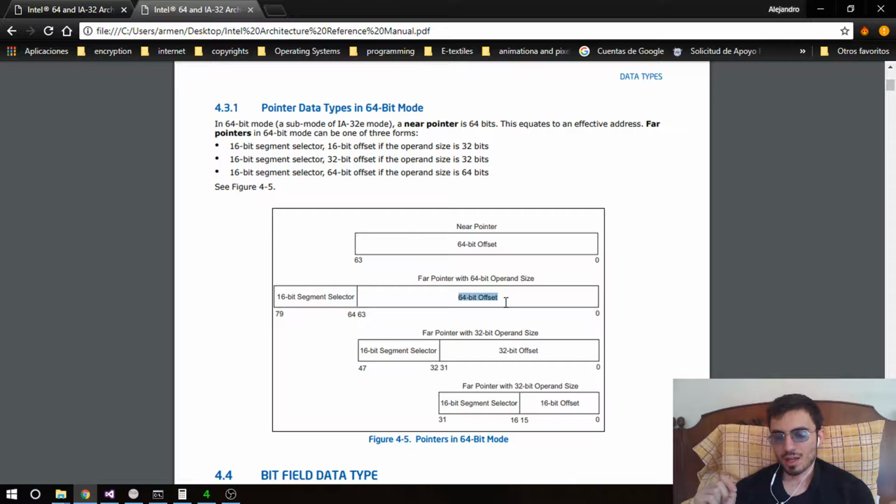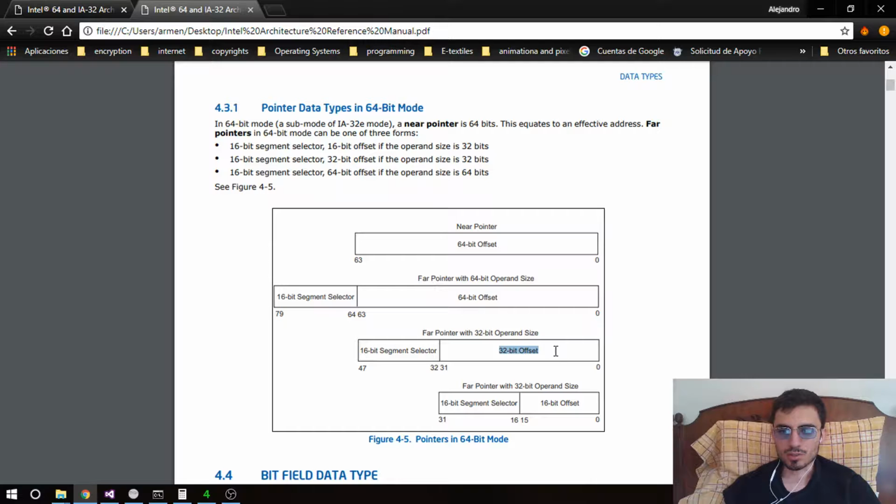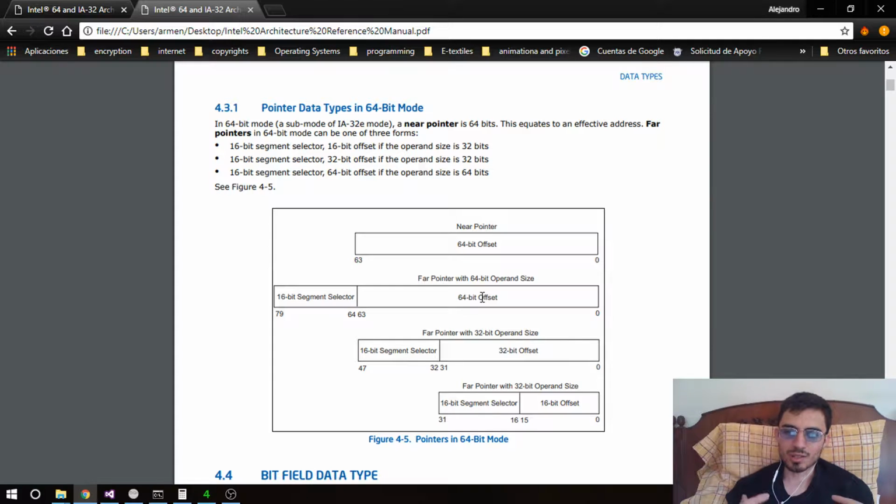Okay, so I want to see that being used. I mean, what do we use that for? And we have a 32-bit offset. This is normal, and 64. This is normal. These two are the normal things where you can address. I mean, you can insert 64-bit addresses there. You cannot put a 64-bit address here.